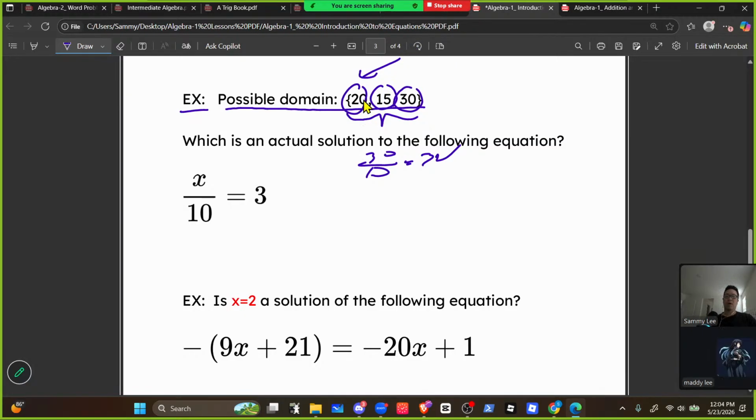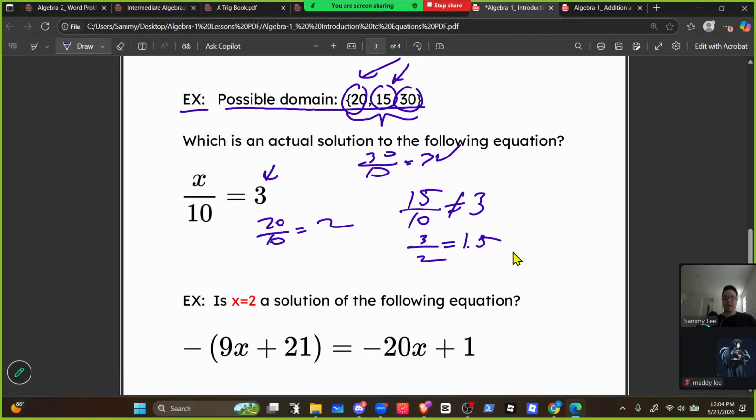No, because 20 divided by 10 gives us 2. And here it's 3. Is 15 a possible solution? No, because 15 divided by 10 is not 3. 15 divided by 10 is going to reduce to 3 over 2, which is 1.5. So the only solution in this case would be 30.